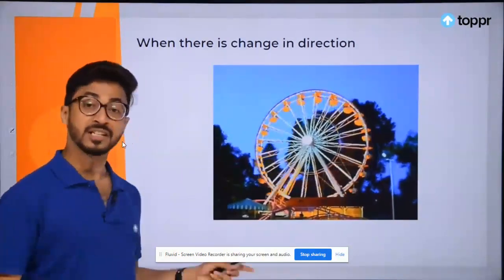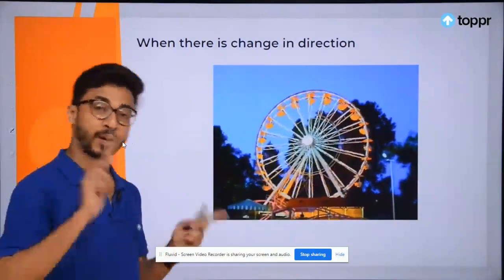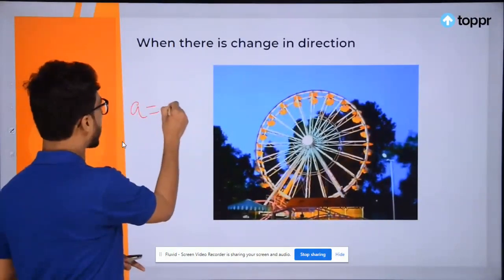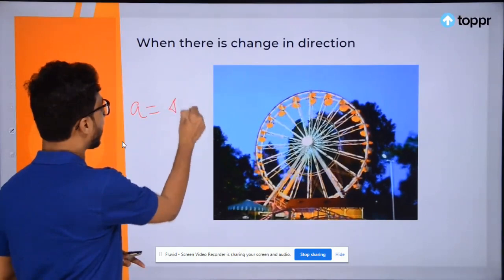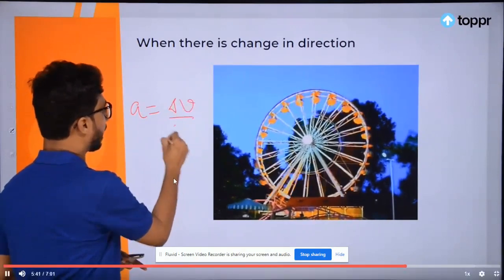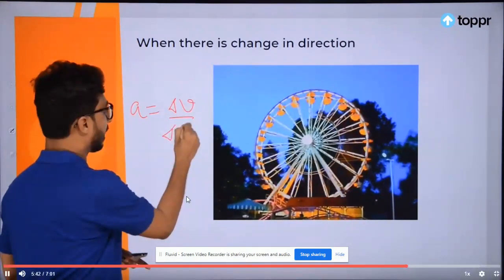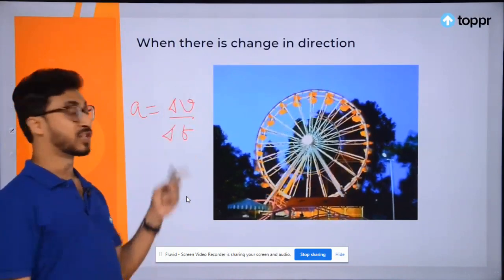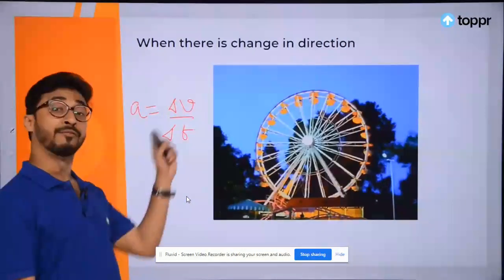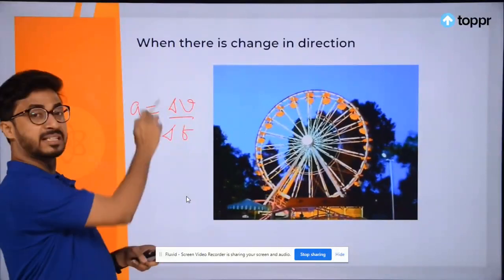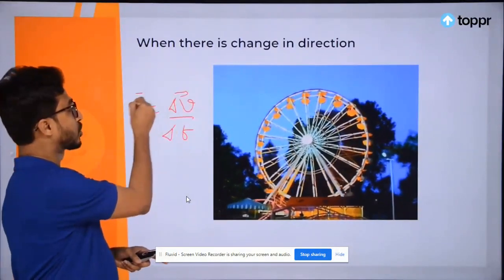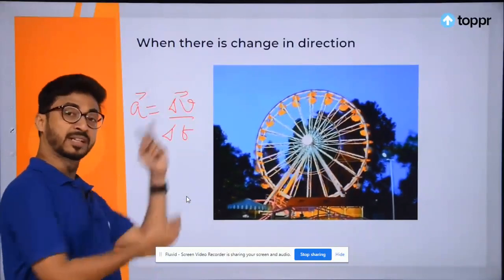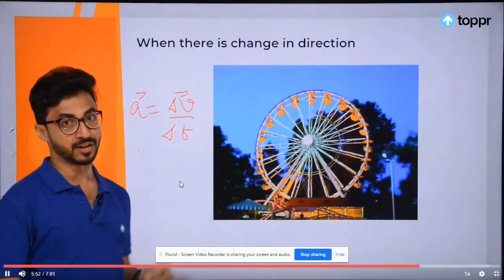When the direction is changing, yes, the velocity is changing. So again, by this equation we can say, right, acceleration is changing because velocity is changing. Del means the change of velocity. So acceleration is also changing. Acceleration is a vector, it also has a direction.